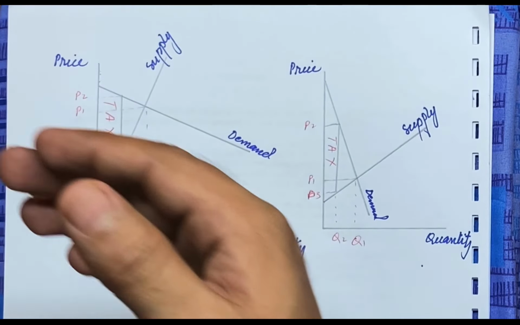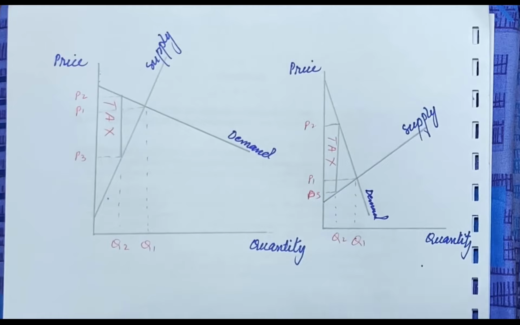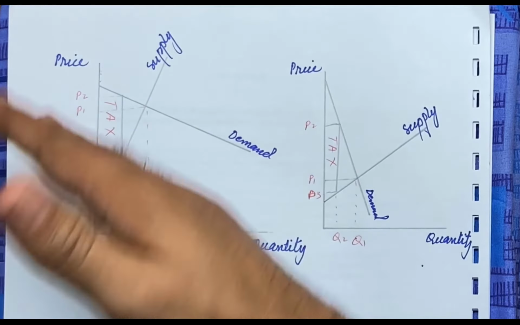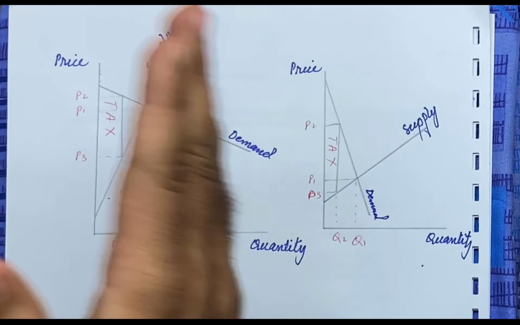But elastic means if price changes, there is more change in the quantity demanded or quantity supplied. Here in this example, demand is more elastic and supply is inelastic.